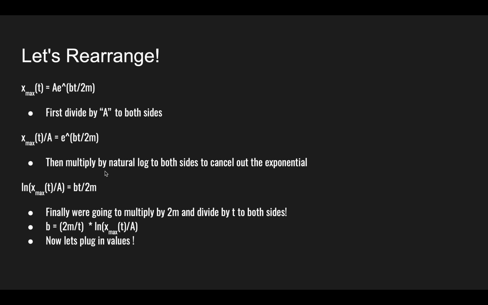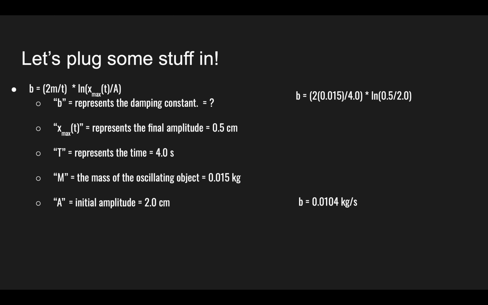Then you're going to take the natural log of both sides to get rid of that e. And then we're going to have bt divided by 2m. Finally, you just multiply by 2m and divide by t, or multiply by 2m over t. You cancel out the t and the 2m on this side, and you'll get b by itself. Then you'll get 2m over t times the natural log expression that we had before. Let's just get right into plugging in those values.